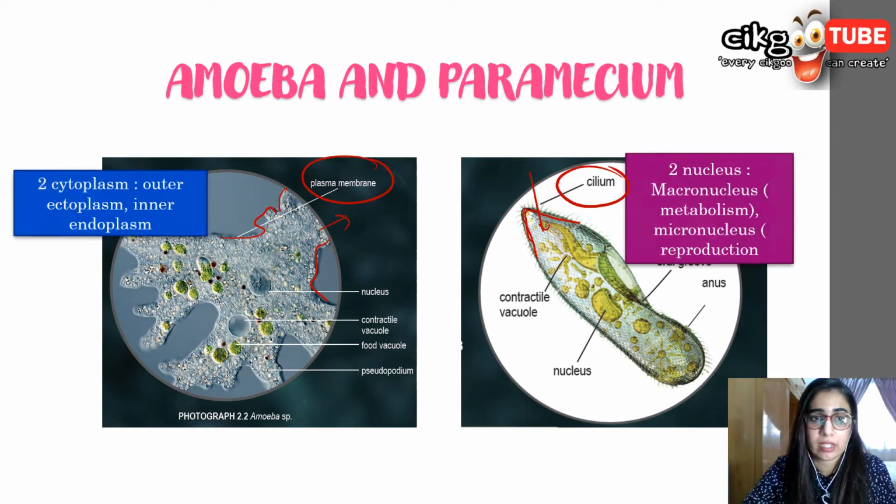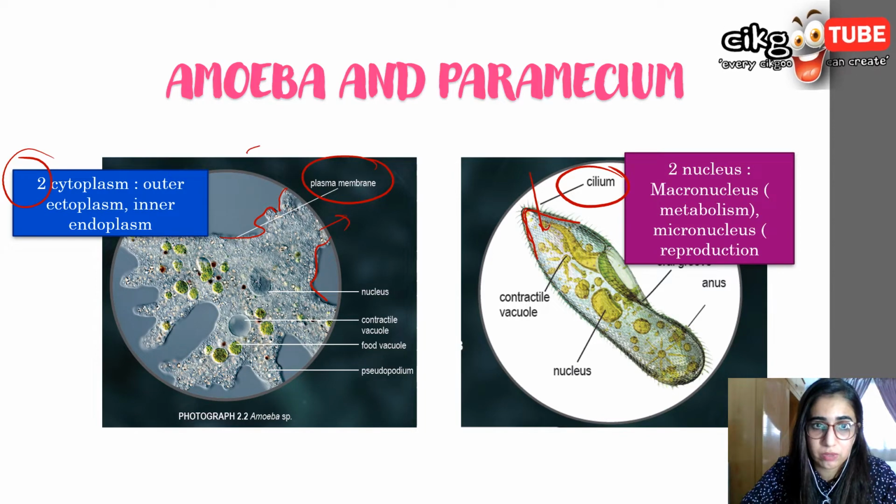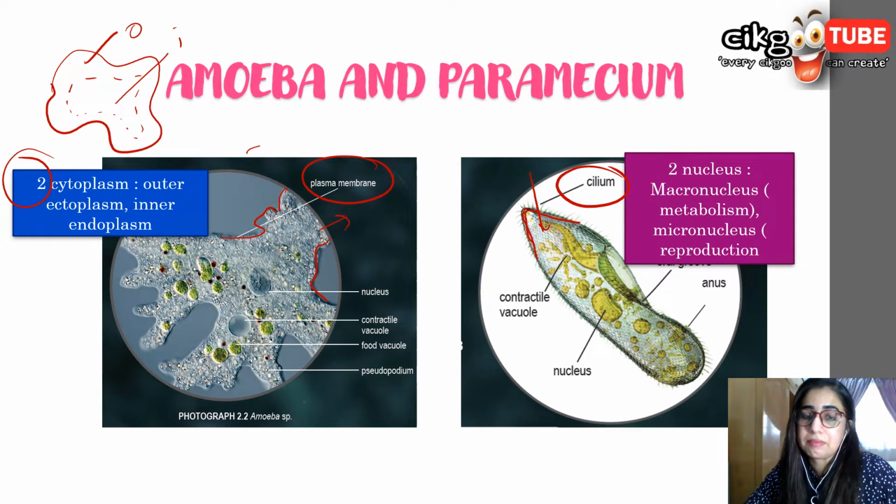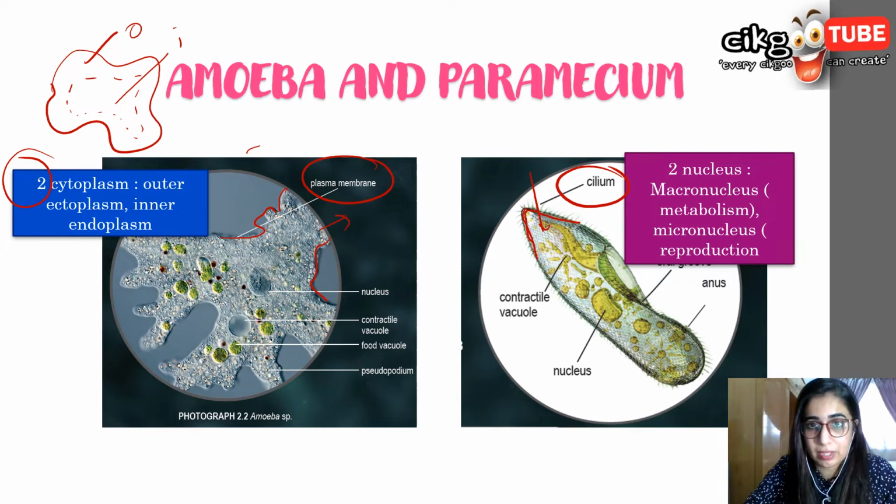Next we have cytoplasm. Amoeba has two cytoplasm, which means when you draw the amoeba, usually we do it this way: one outer cytoplasm and one inner cytoplasm. But paramecium only has one cytoplasm, but they have two nuclei.